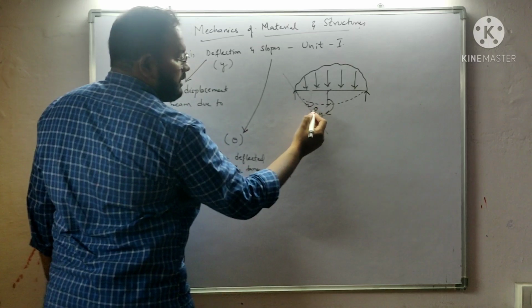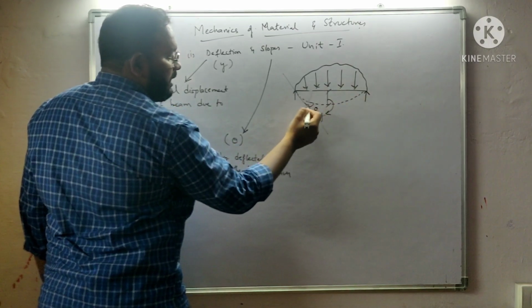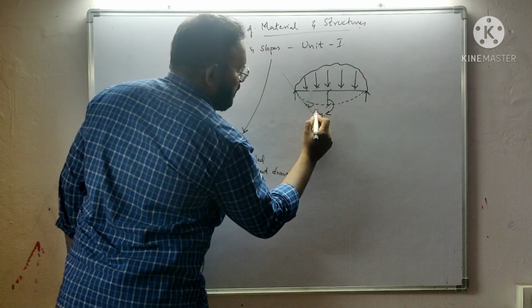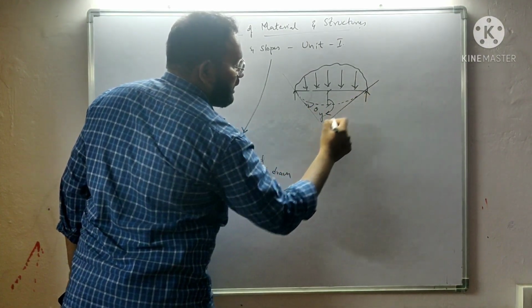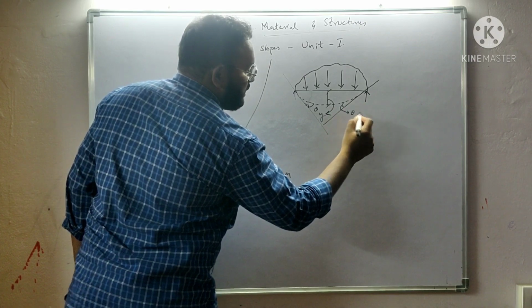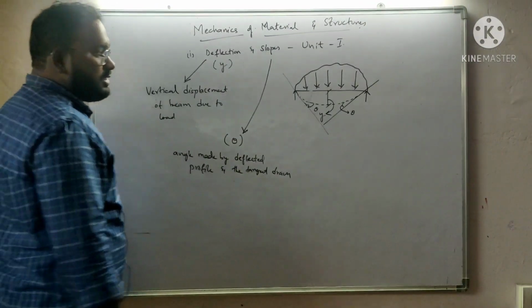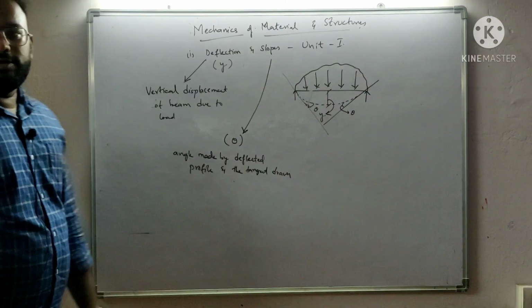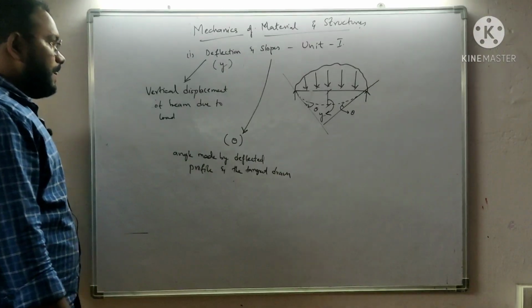So if I draw a tangent, this is the theta which I am measuring on the left end. Similarly, if I draw a tangent on the right side, this is the angle which I am measuring, which is theta. So slope can be calculated at both ends. In this case, the slope is 0 at the midspan.